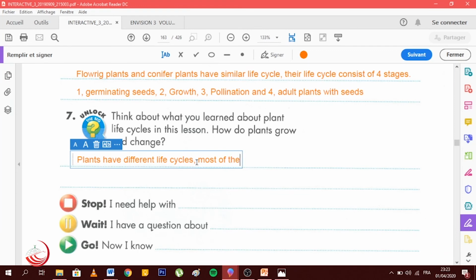Most of the plants grow from seeds, spores, or other ways, like stems and roots.